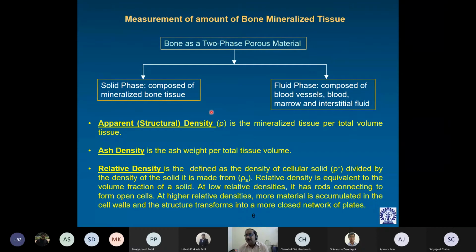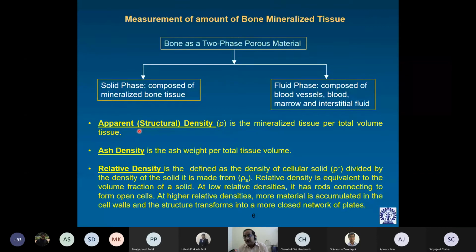Now, if we clean it and measure the weight, and you know how to measure the volume of that particular sample, and if we divide the weight by the volume, we actually don't get an actual density measurement, but we get what is called the apparent density. That's the reason it is apparent, because it is a porous structure.